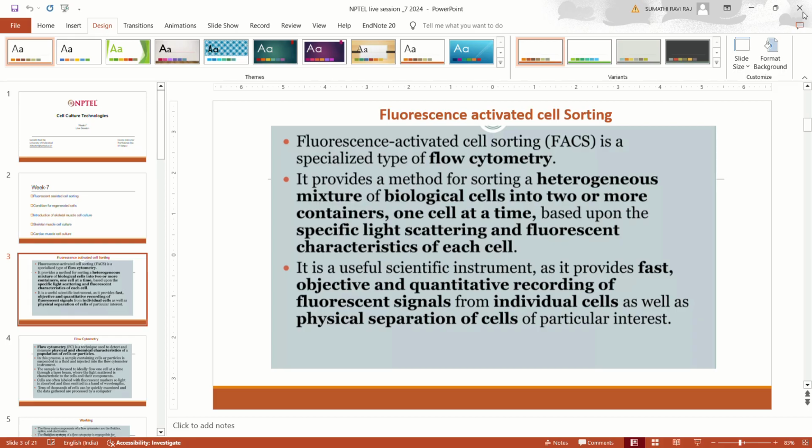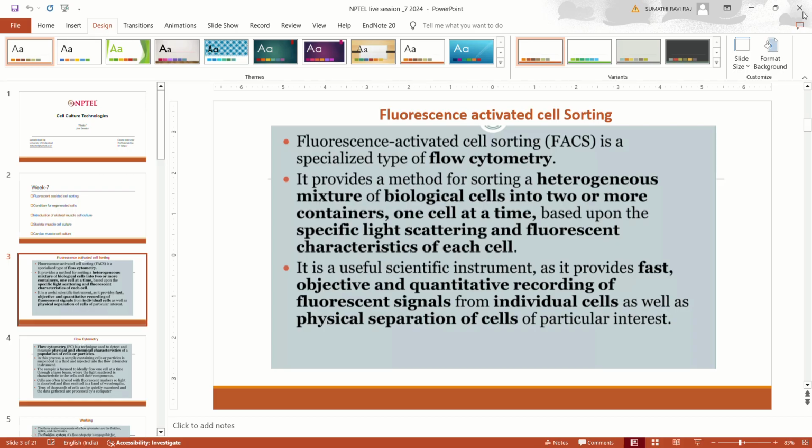So each cell will have a specific marker. Based on this marker, there will be special tags associated with it, based on which the cell sorting will be done. So fluorescence activated cell sorting is a specialized type of flow cytometry.